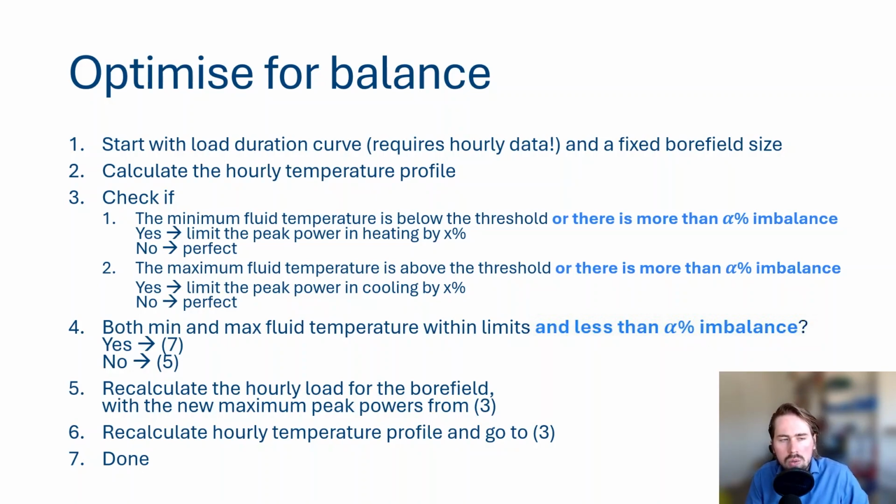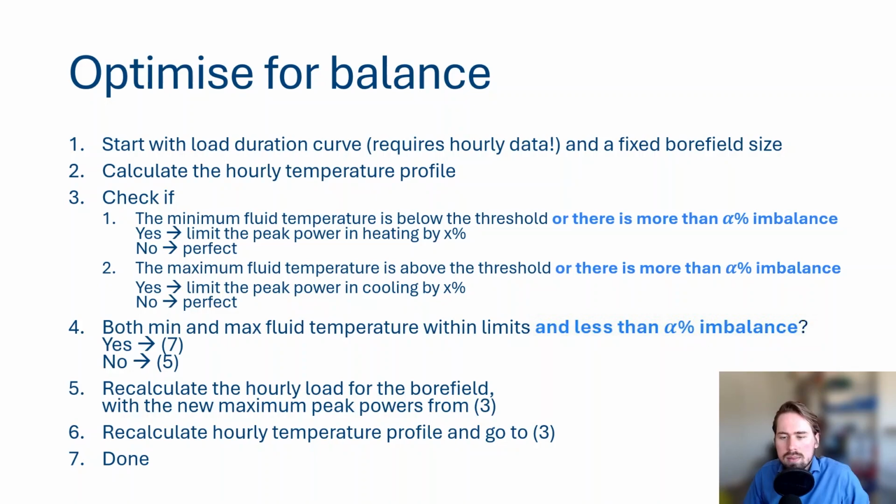First of all, we check if we cross the minimum average fluid temperature threshold, and if we do so, we limit our peak power in heating. If we cross the maximum average fluid temperature limit, then we limit our peak power in cooling. That was the case when we optimized for power.